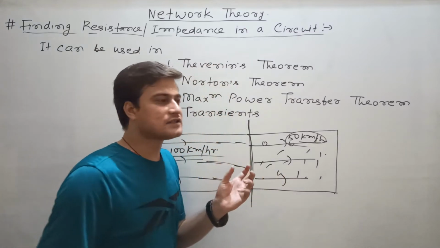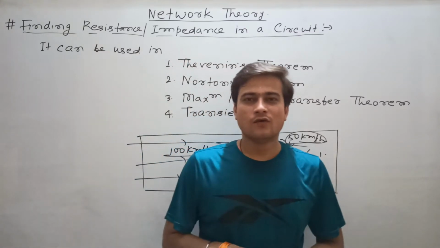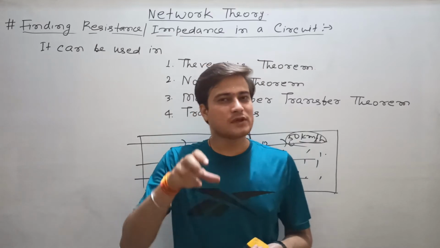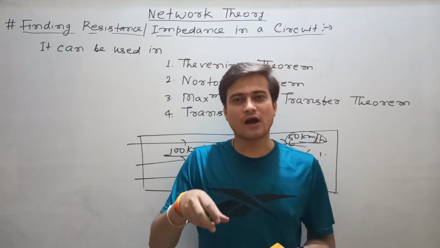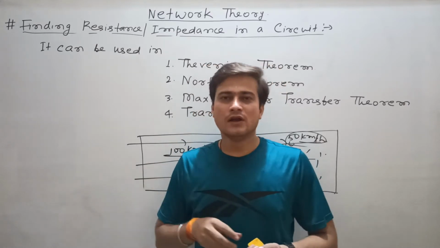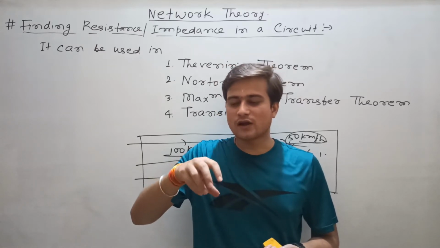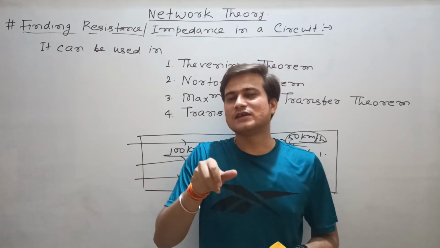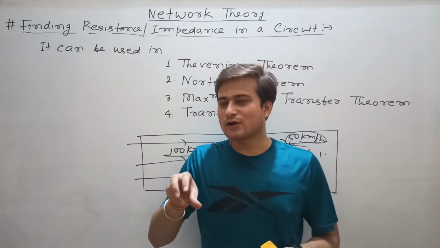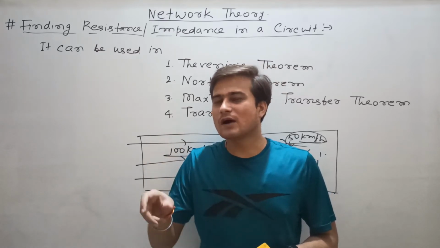Next, take the example of a water tap. Suppose the water tap is on and water is coming out through it. Now what happens? You start rotating the water tap in clockwise direction.